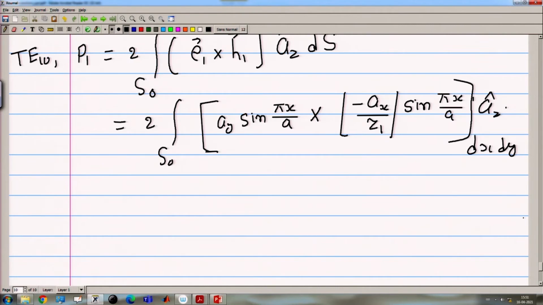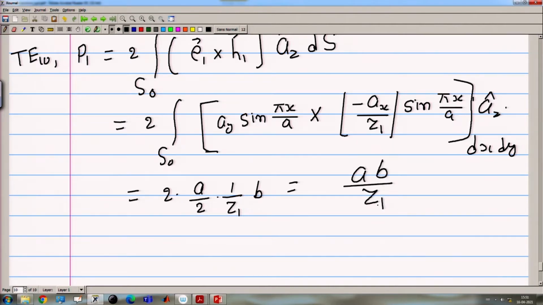After integration, it will be 2 times sine square of pi x by a, which gives 1 into a by 2, into 1 by Z1, into b. So it will be ab upon Z1.